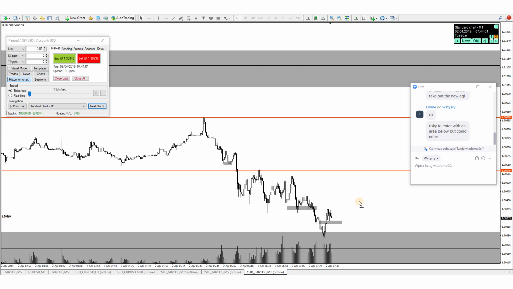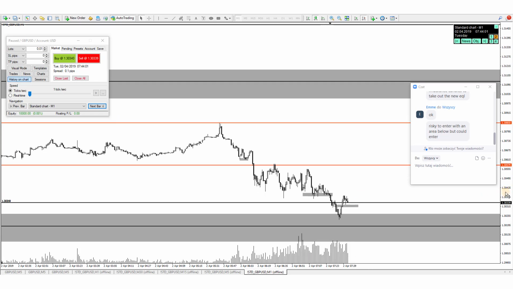Yes, Marcy, I agree that this could be risky, especially since I just marked some zone after the move. This is what I'm doing almost every day when I have my markups. For example, today I shared on the announcement channel, and then I saw rejection. I always check from the past for the reason of rejection.